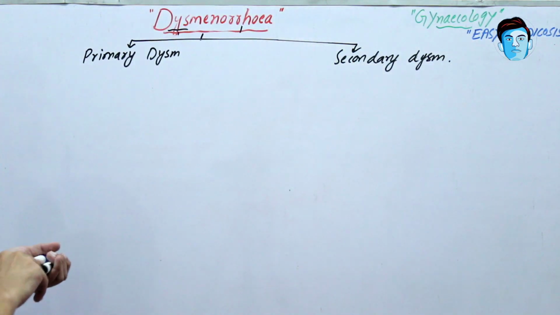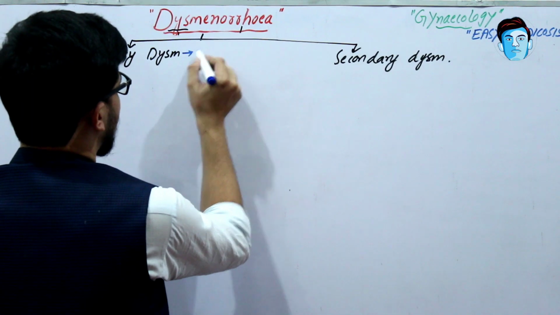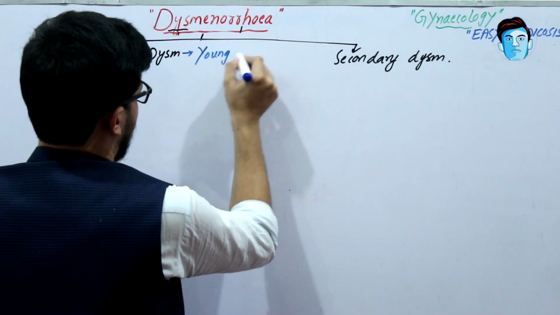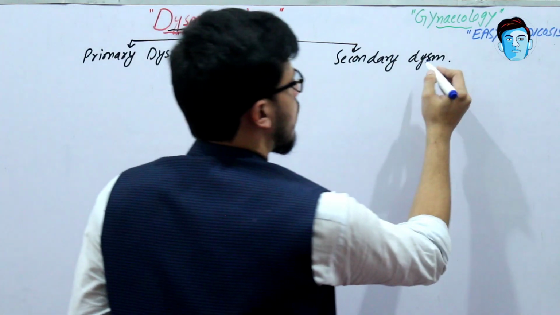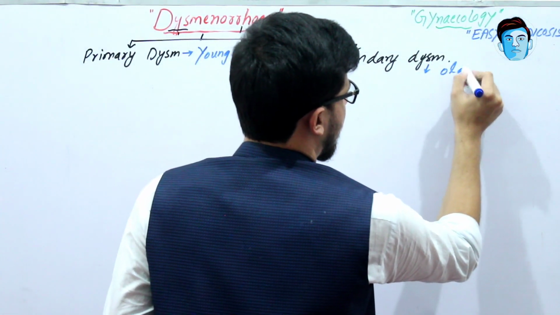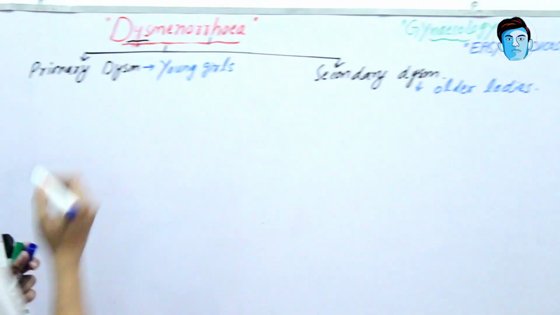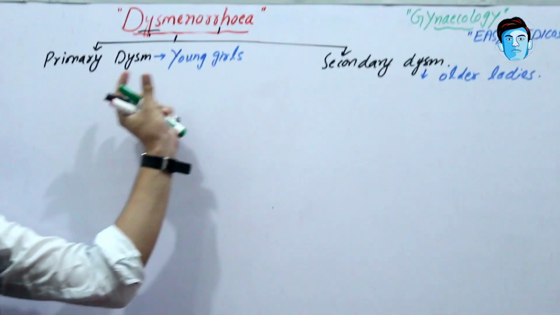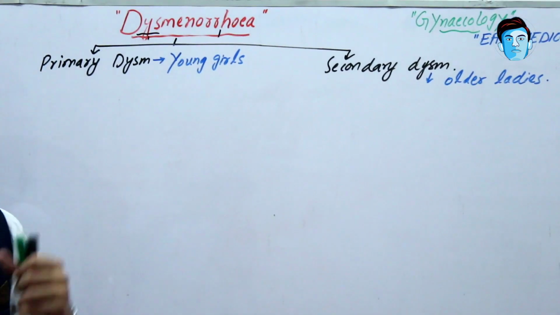Primary dysmenorrhea is more common in young girls, while secondary dysmenorrhea is more common in older ladies. So primary dysmenorrhea is more common in teen girls, while secondary dysmenorrhea is more common in older ladies.